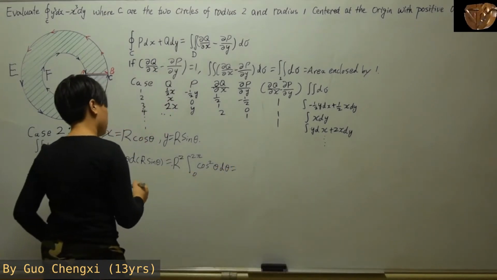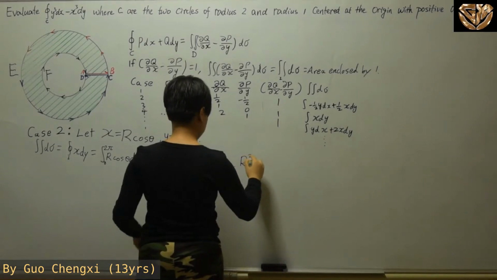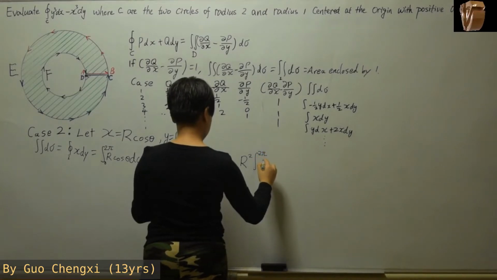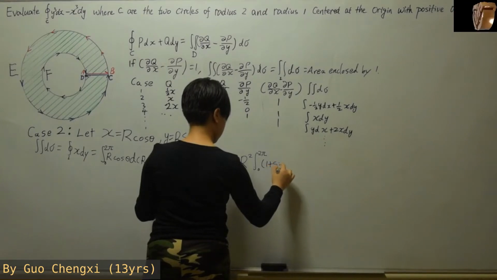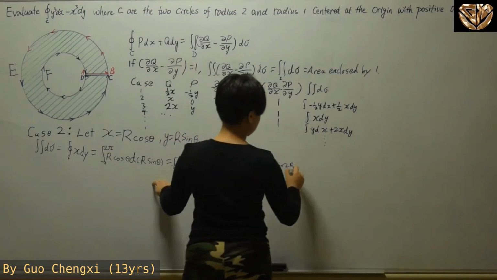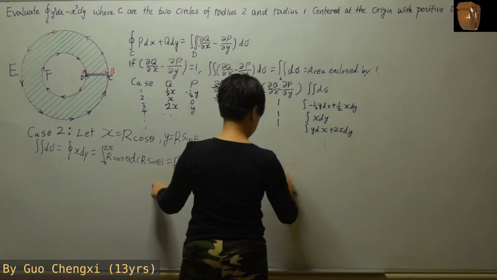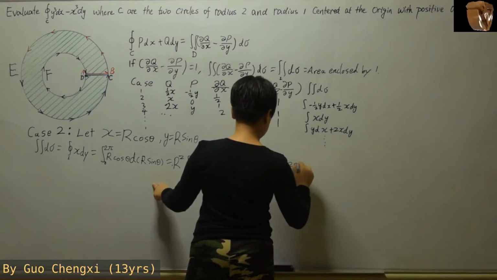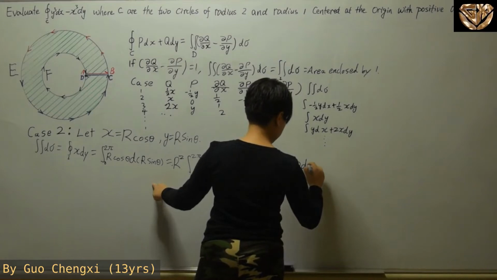You use the double angle formula, and by using it, cosine squared theta is (1 plus cosine 2 theta) over 2.